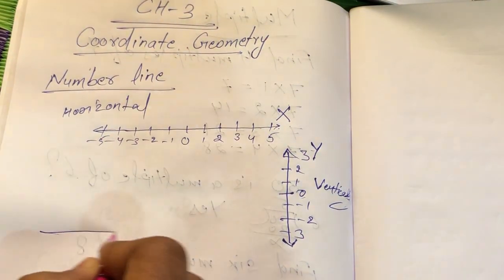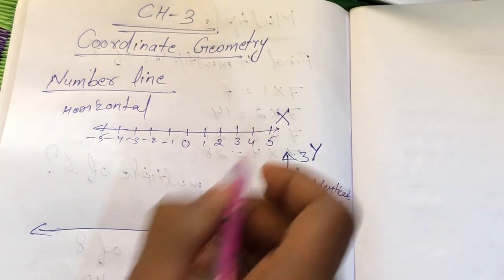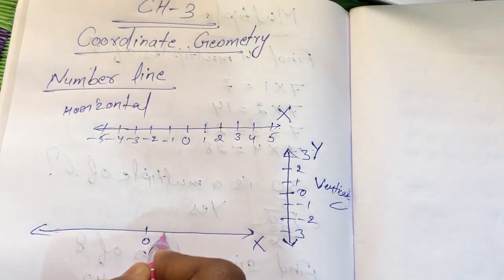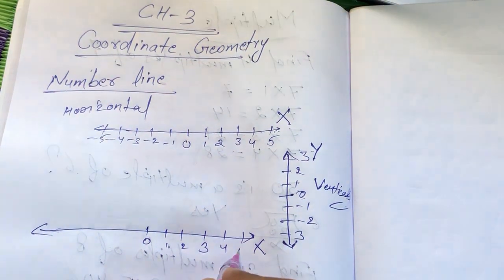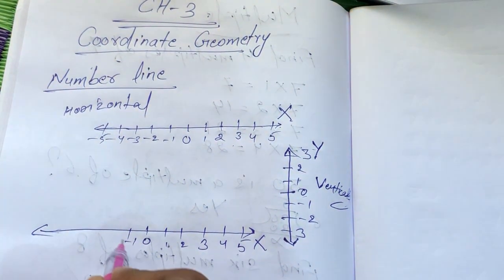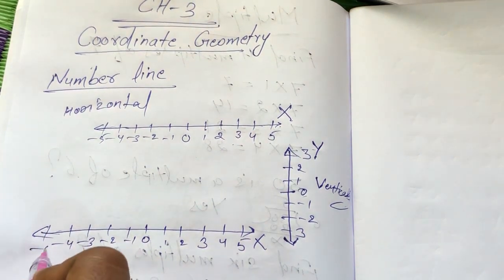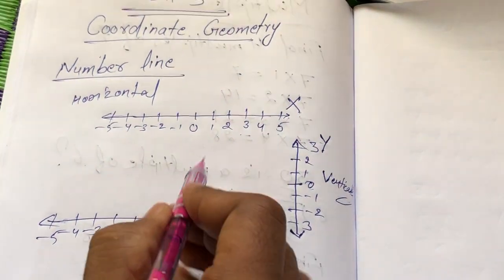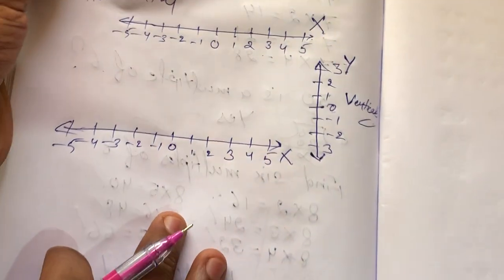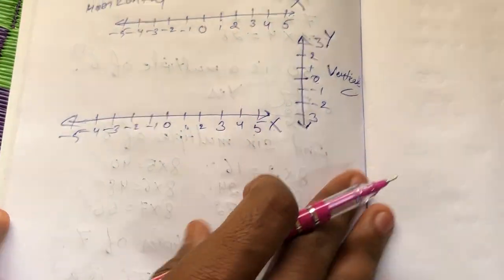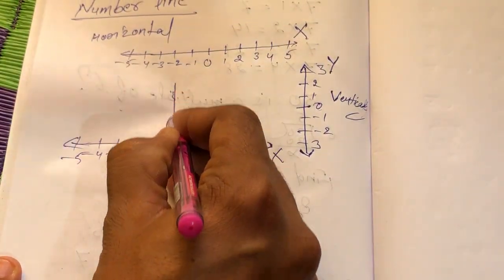Suppose this is the horizontal one, having 0, 1, 2, 3, 4, 5, -1, -2, -3, -4, -5, like this. And the other one I am talking about is the vertical line.